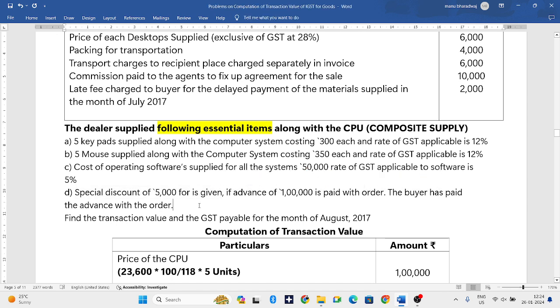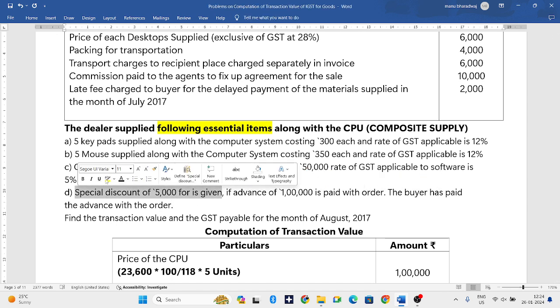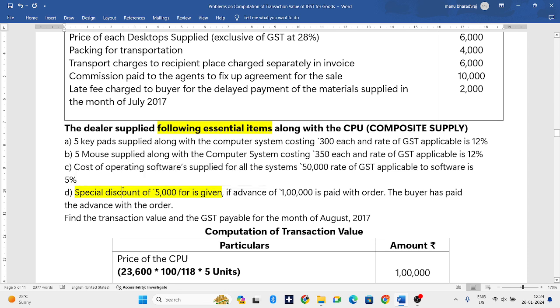I have told you that discounts given if advance is paid can be considered. That is not a discount. If any advance is paid, they may say that if you pay advance we will give you a discount. That is not a normal practice. Such discounts should not be given. If it is given, then we have to add it.